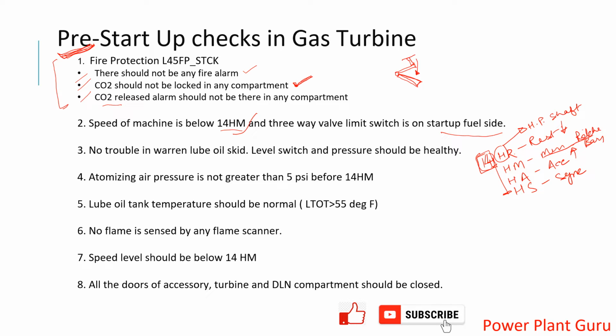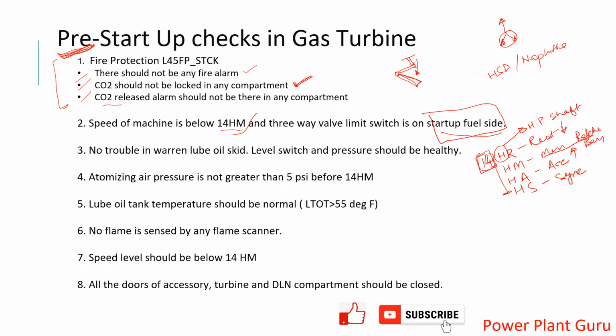The next point is that it should be on starter fuel. People who are well versed with primary or secondary fuel know that maybe your machine is able to run HSD and naphtha. Then there will be a three-way valve for fuel selection, like this.